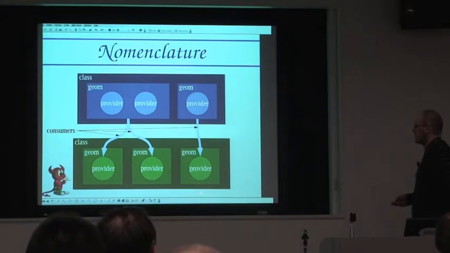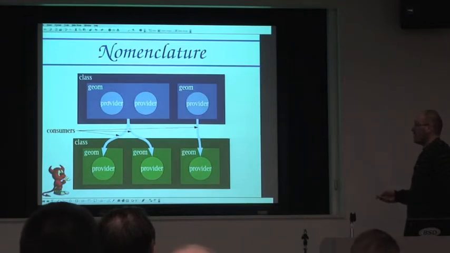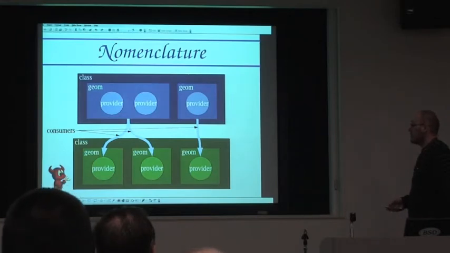Those are disks, and we only want to talk about providers. We have 3 disks in this class, and we can connect to them from another GEOM class. You can assume that this class does, for example, mirroring. So it connects to 2 GEOM providers here and only 1 GEOM provider here. And we can stack all those classes as much as we want.